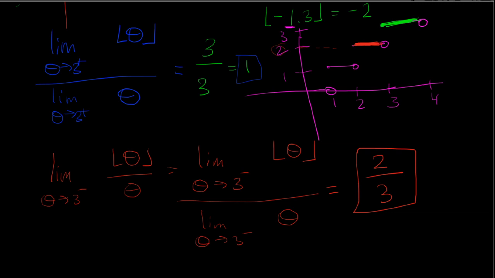Now let's look at another greatest integer function. Let's say I have limit as t approaches 4 from the right of t minus the greatest integer function of t. So I can draw the graph.